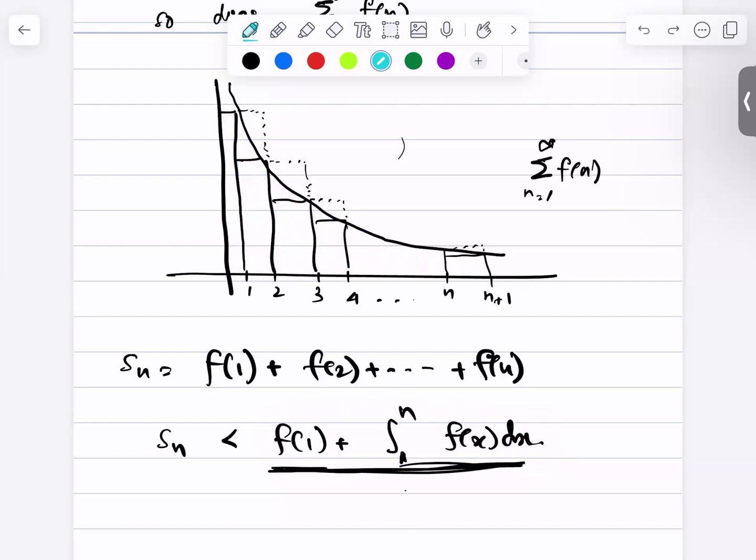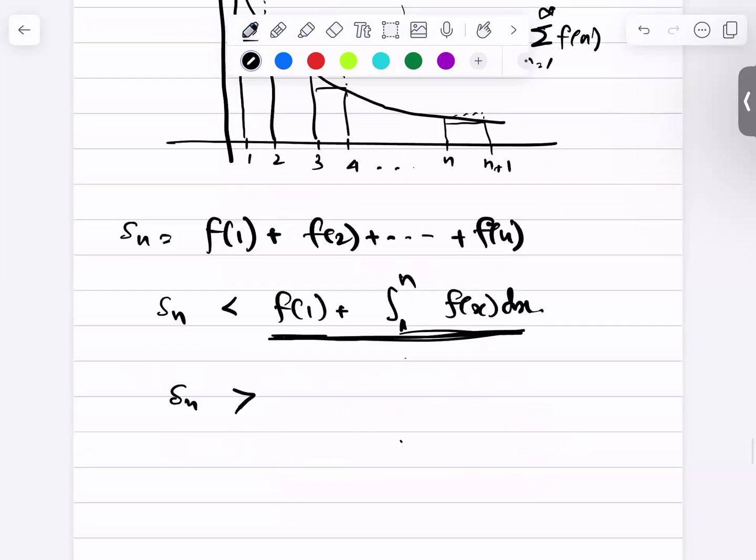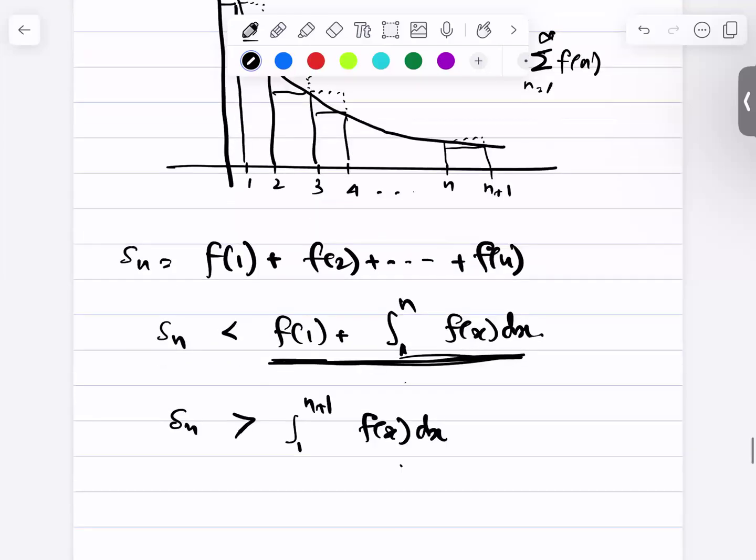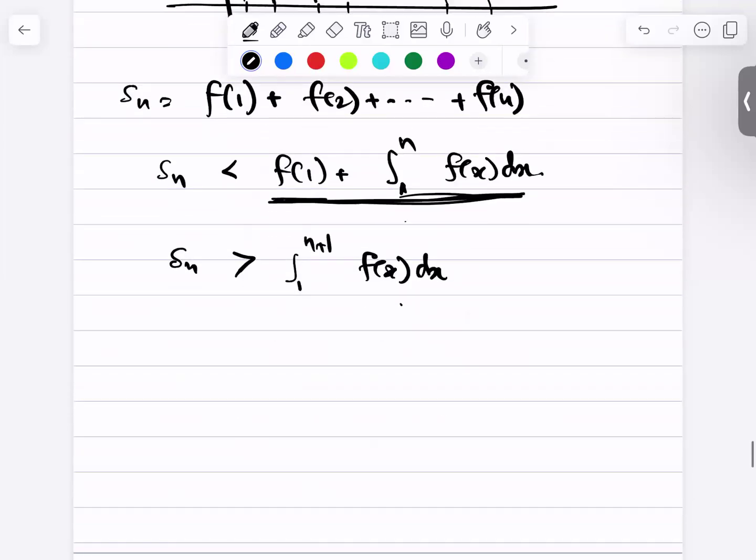Okay, and at the same time, S_n is bigger than the integral from 1 to n plus 1 of f(x) dx. Again, you can do the graph and analyze what's going on there. I'll leave it for you.